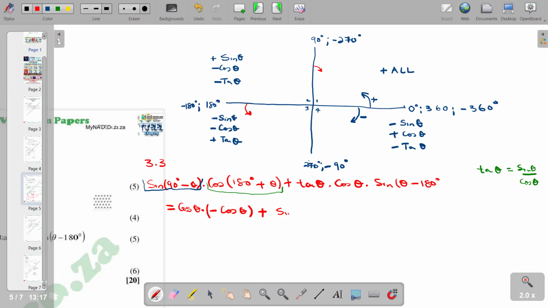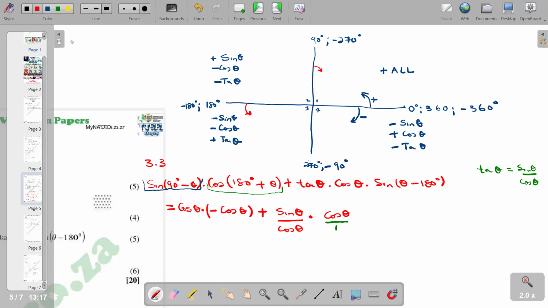So tan is going to change to sine theta over cos theta, which is going to multiply this cos theta. If we write it in fraction form, it must be cos theta over 1.